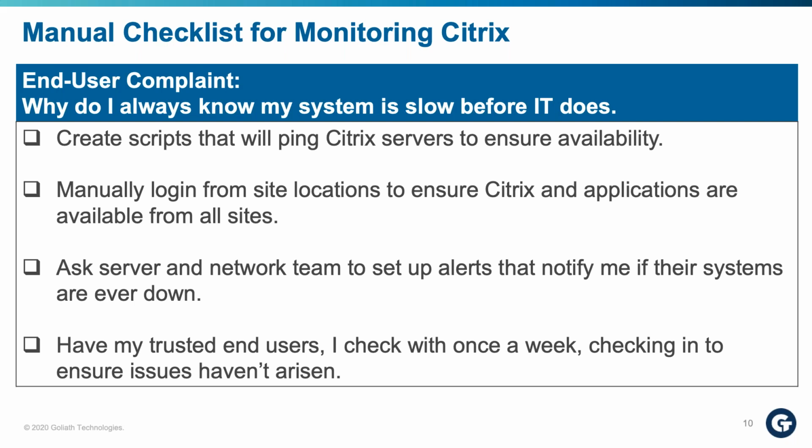So why do users always know that the system is slow before the Citrix team does? Well, this slide title, Manual Checklist for Monitoring Citrix. If you've been in IT for any length of time, the word manual should scare you.